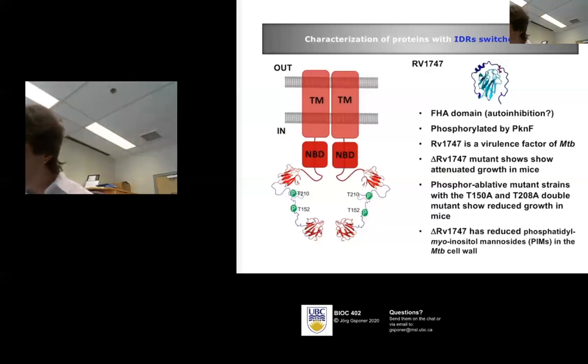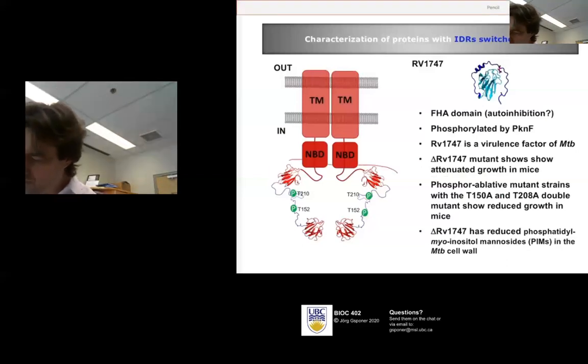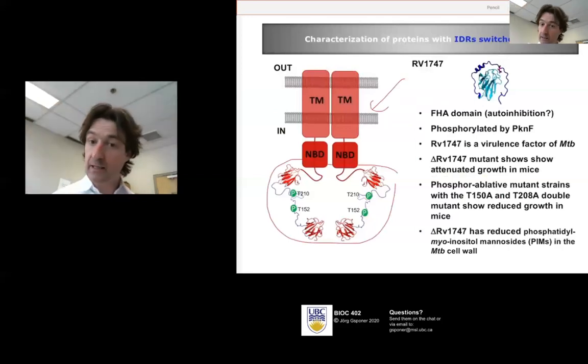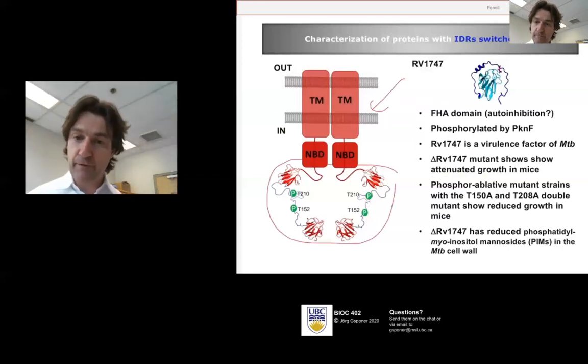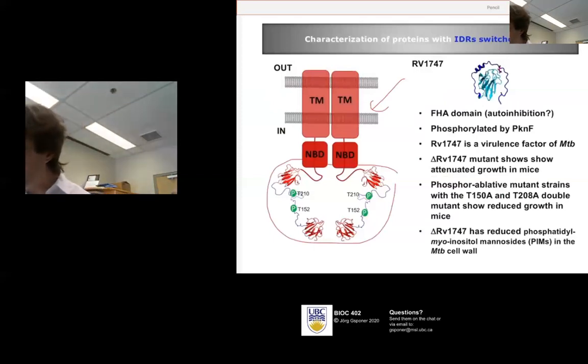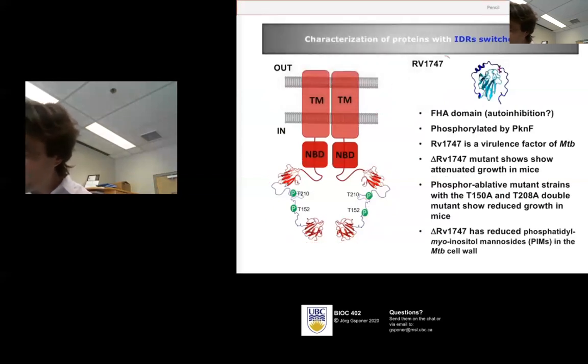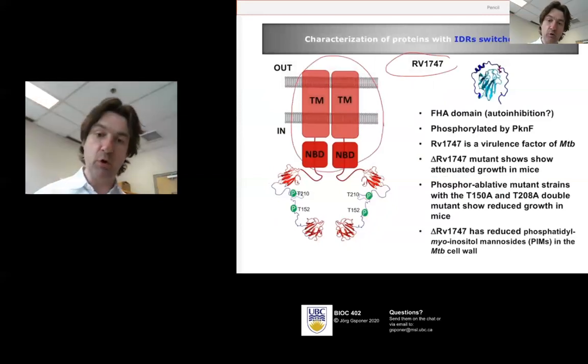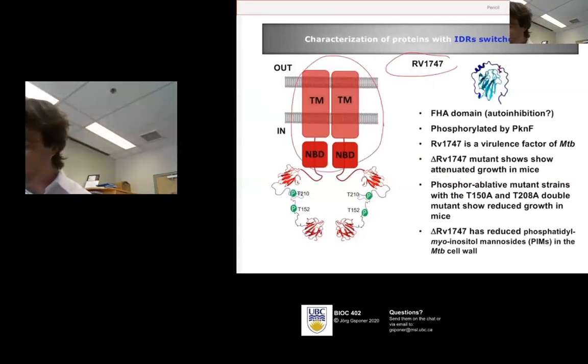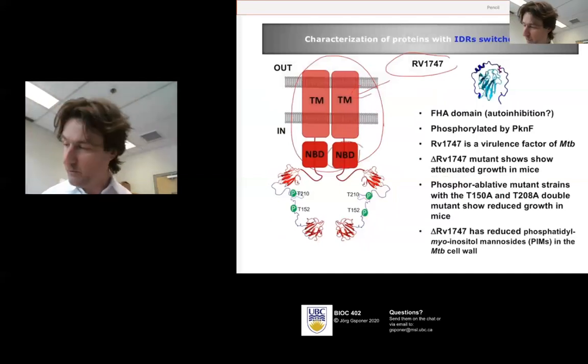So we were interested in how this intracellular part of this transmembrane protein interacts with itself and how it contributes to activity regulation. What we knew already was that this protein is a transporter because it has a classical topology of an ABC transporter with a transmembrane domain and a nucleotide binding domain.